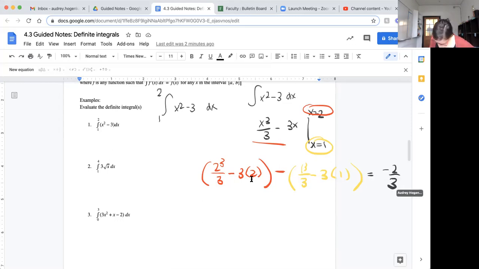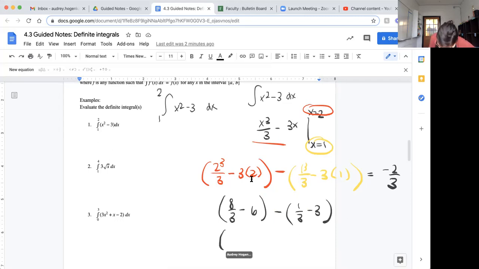So 2 cubed is 8/3 minus 6, minus 1/3 minus 3. So 8/3, that's going to be 8 over 3 minus 18 over 3, minus 1/3 minus 9/3.